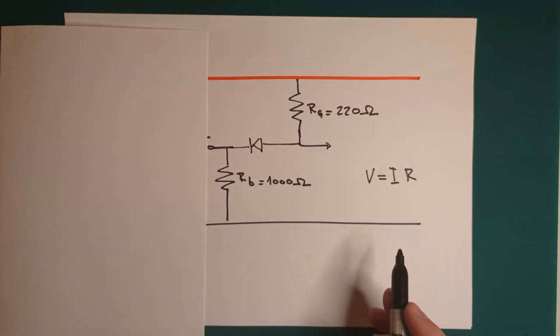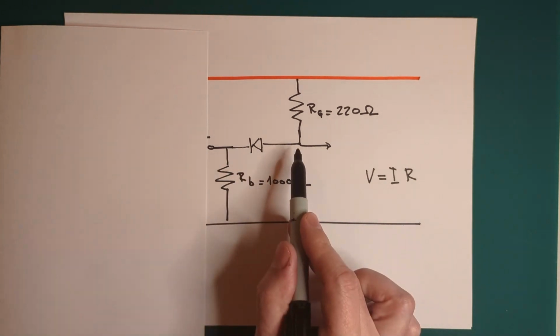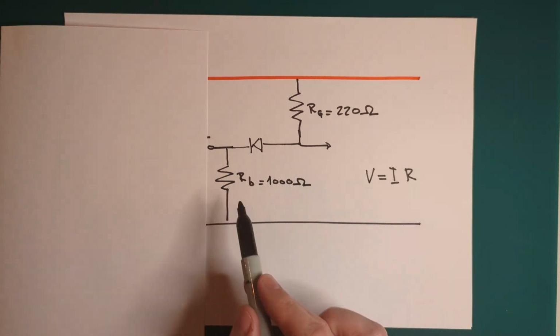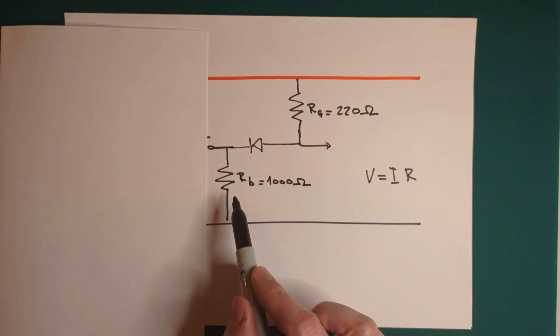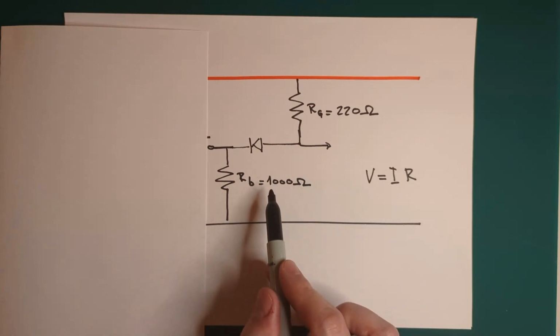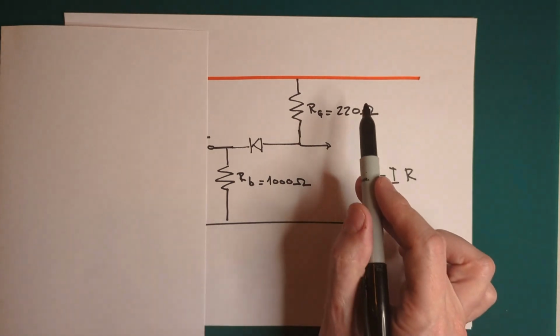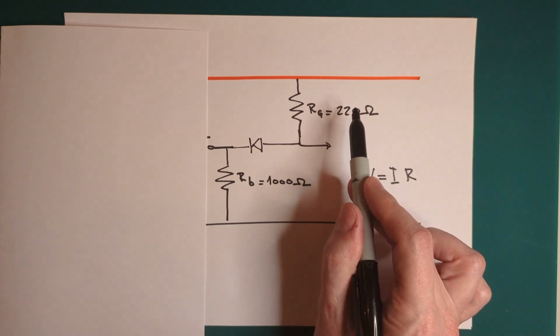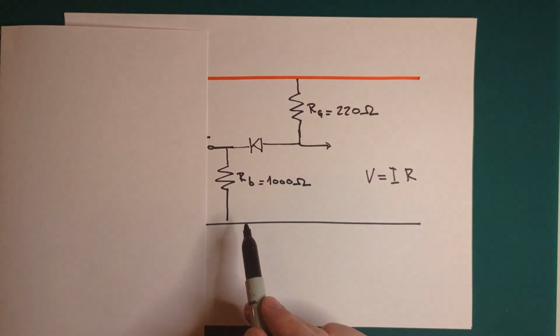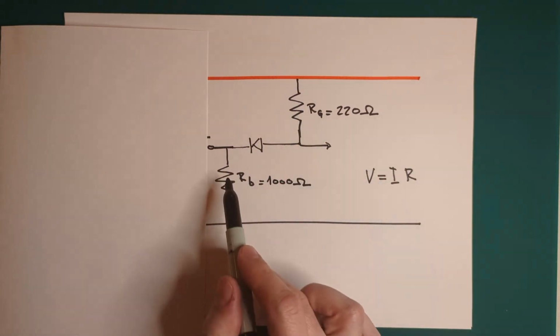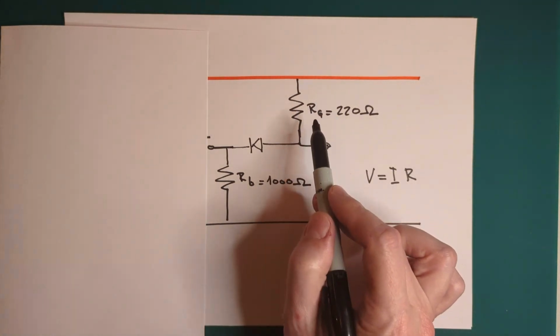Even without knowing a lot about the diode here in the middle, I know that this resistor is currently about 5 times bigger than this other one over here, and the currents are the same. That means that the voltage drop in this resistor is going to be about 5 times the drop in this resistor.